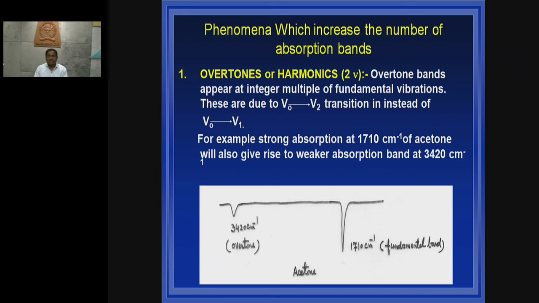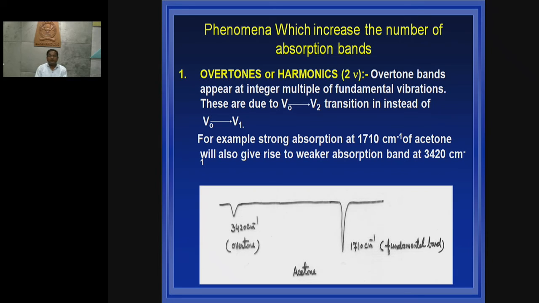Why do these occur? They occur due to the V0 to V2 transition instead of V0 to V1. Normally we expect the V0 to V1 transition, but sometimes a direct V0 to V2 transition takes place, and due to this overtone bands or harmonics are observed.